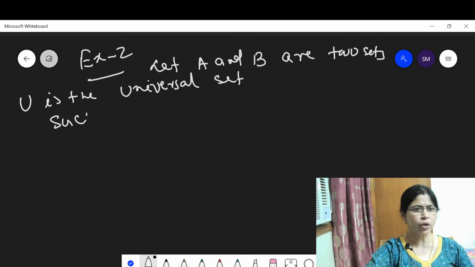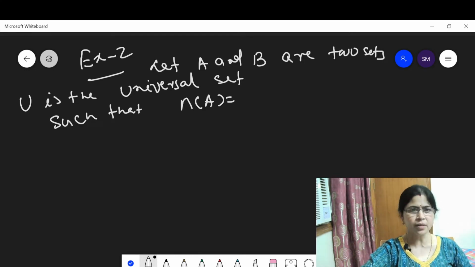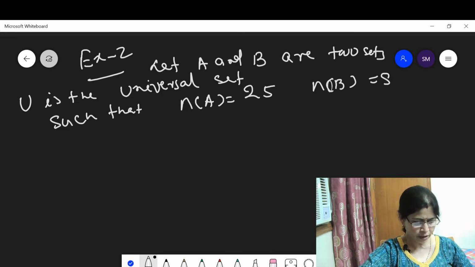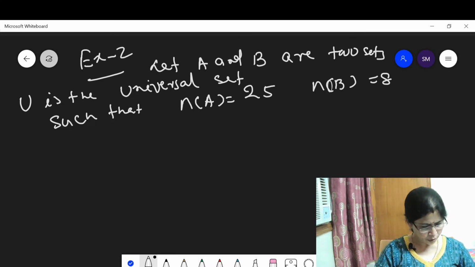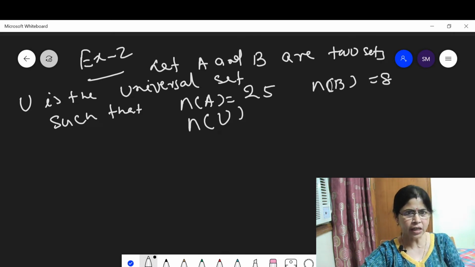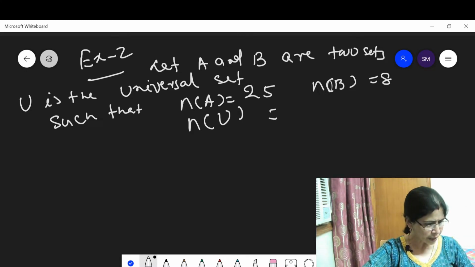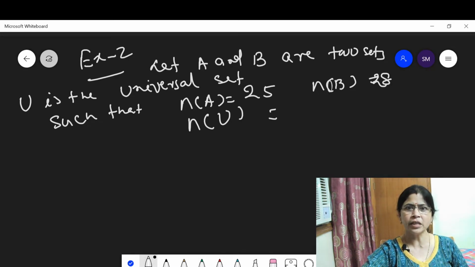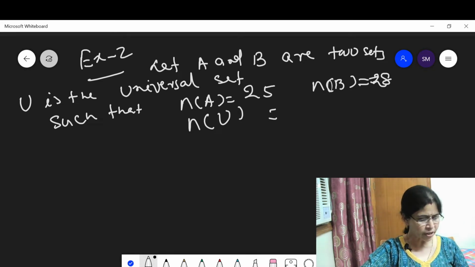The data given is: n(A), the number of elements present in set A, is 25; n(B), the number of elements present in set B, is 28; and n(U), the number of elements present in the universal set, is 50.